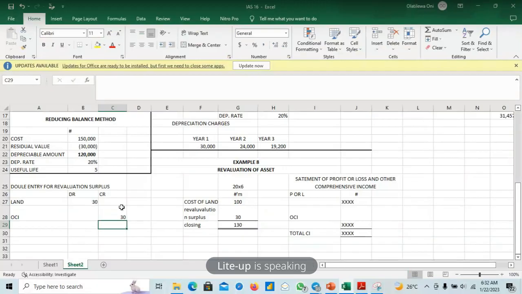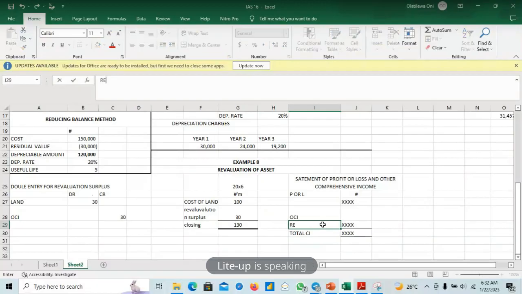The implication of this is that don't forget at the beginning, which is the opening balance, the cost of the land is 100 million, and that is what is in the financial statement. So when we debit you with 30 million, we are trying to increase its value to 130, and that excess of 30 million is also taken to other comprehensive income, because it means in the financial statement this is where it's going to be. So I'm going to put it here now.